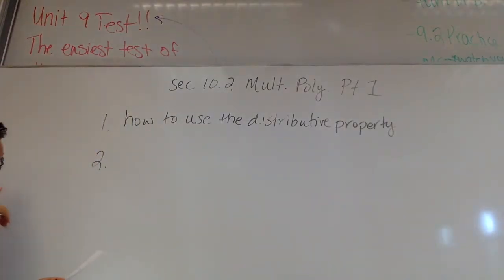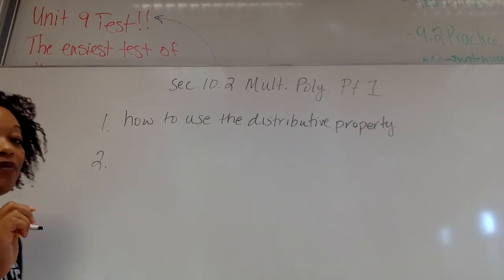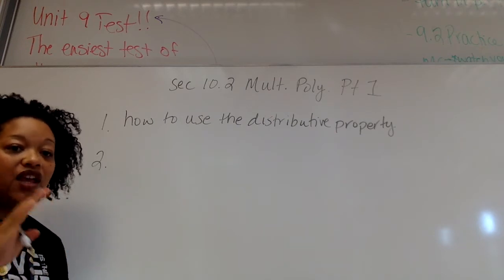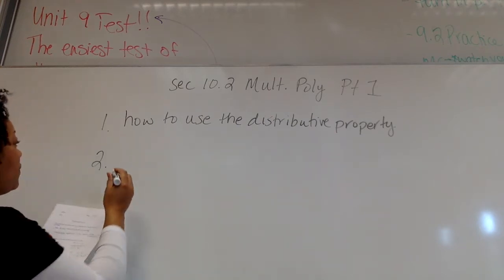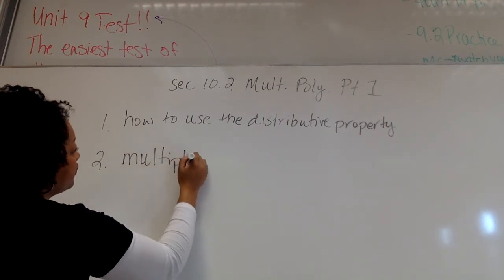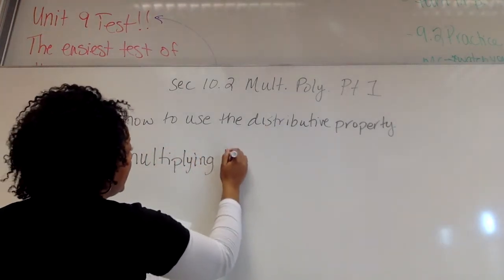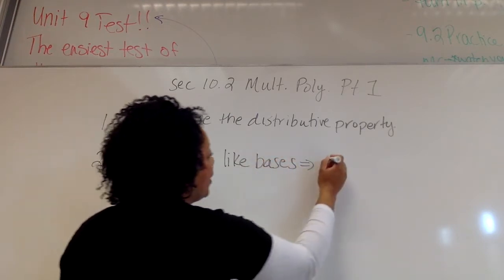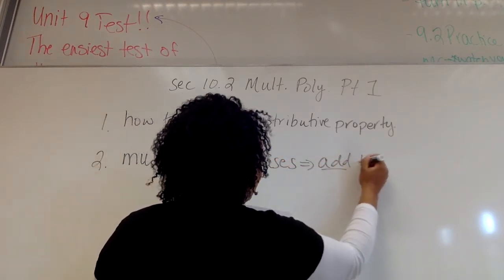Second information that's prior knowledge is you've got to remember that first rule I taught you in Unit 9, your exponents. You've got to remember when you are multiplying like bases, you always add the exponents.